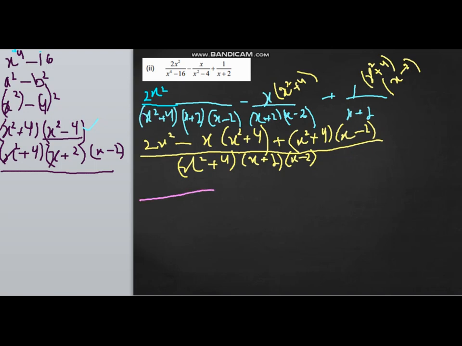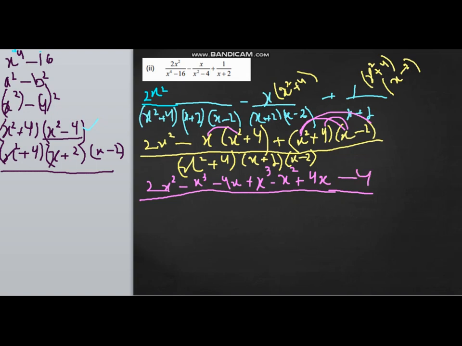Now we multiply. 2x squared minus x times x squared is x cubed, negative 4x, and then x squared times x is x cubed, and x squared times minus 1 would be minus x squared, and then we do it with 4, so plus 4x, and then we have negative 4, and we write the denominator as it is.